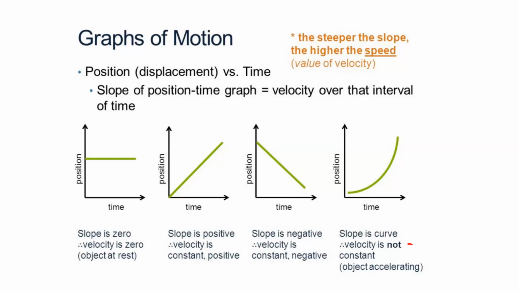What is your position at time 0? In this graph, it's already a certain distance away. Let's say this is 5 meters from the starting point, and it stays at 5 meters over whatever the time may be, whether it's 10 seconds or whatever.